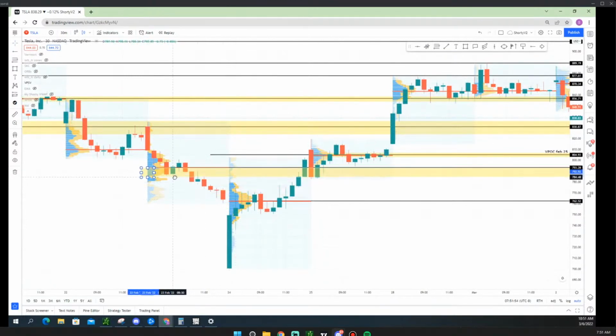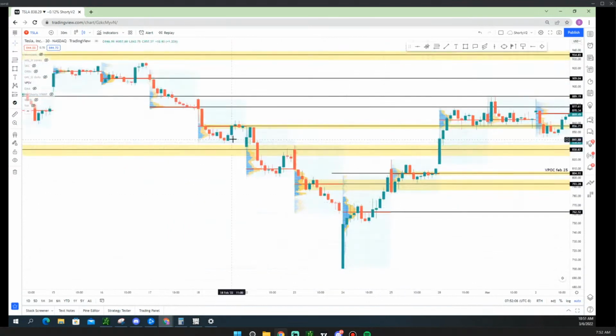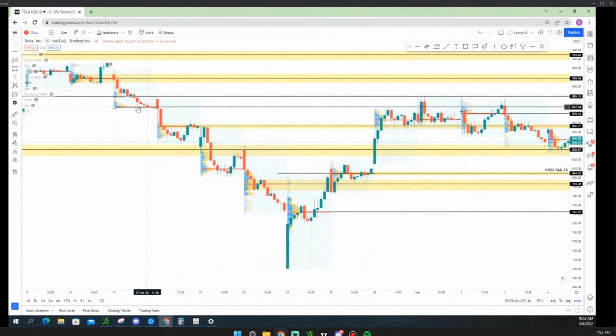So you see this one would start from here and go up to here. Some people would grab this little mini shelf here as well. So we have this one, and this one here, which is a tiny little guy.